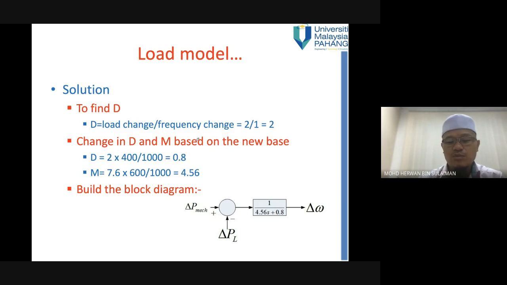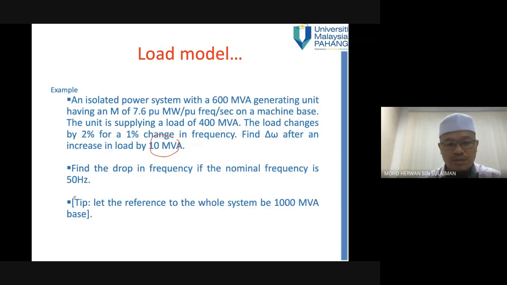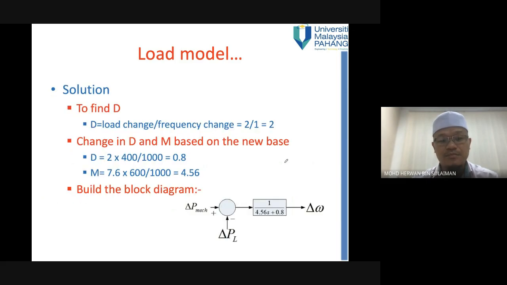Everything we change to 1000. This is a tip: make sure that the whole system is on a 1000 MVA base. Meaning you have to convert everything, all your components, to 1000 MVA. So here you need to recall how to change base, which you learned in EPS. So the way is, this is at the old value, right? Your 400 MVA is equal to 2. Now it is 1000, right?